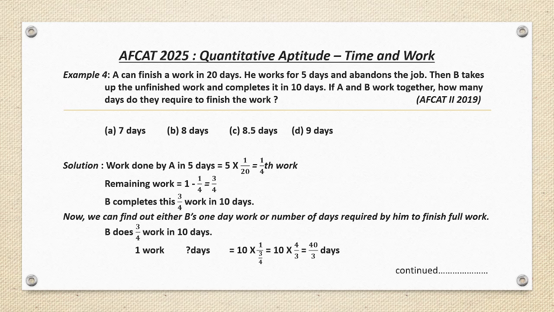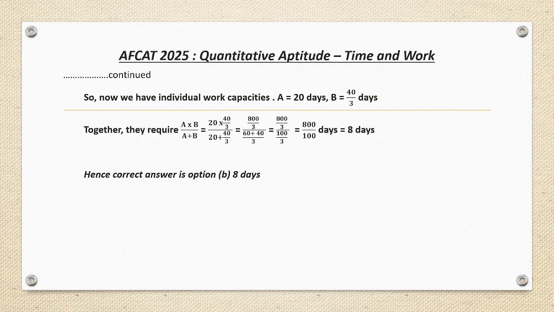Now let us see: A does it in 20 days, B does it in 40 by 3 days. Together, how many days do they require? We could add 1 by A plus 1 by B and reverse the answer, or we have this shortcut formula: together they take A into B divided by A plus B. So A is 20 days, B is 40 by 3 days.